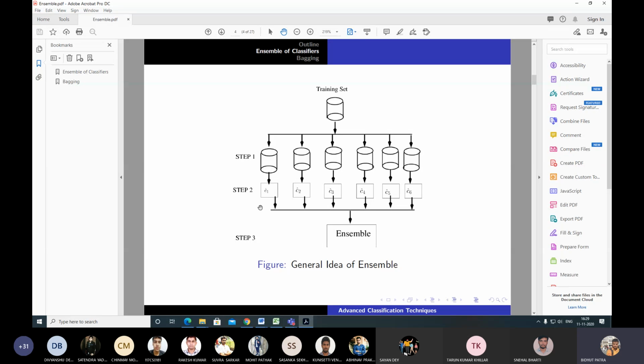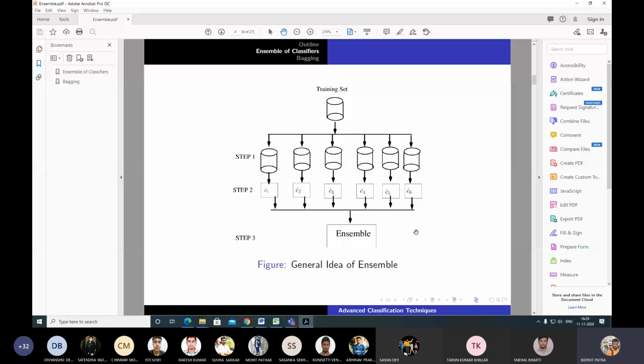Out of the 6, if 4 models say the particular object belongs to category 1 or 0, then based on the majority voting you decide the class label of the unknown object. This is the basic idea of the ensemble. Hopefully you understood.